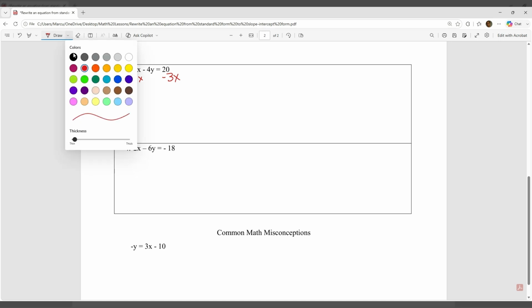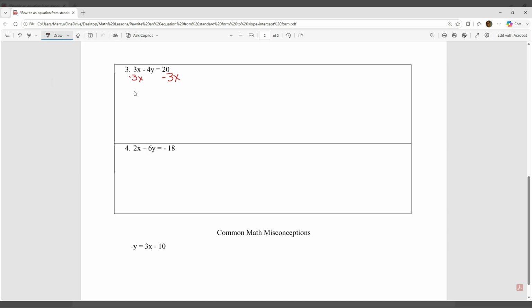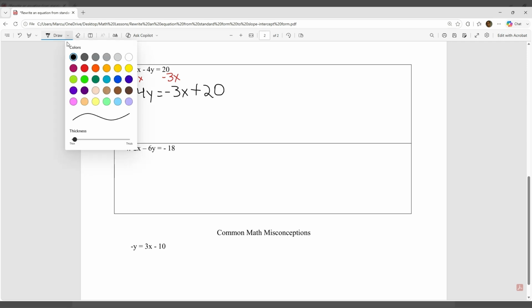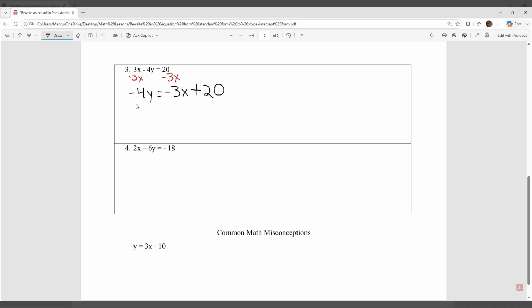So the 3x's cancel each other, and you're left with a negative 4y equals to negative 3x plus 20. Next step, again, trying to isolate the y. There's a negative 4 attached to the y, so you're going to divide every term by negative 4, like this.